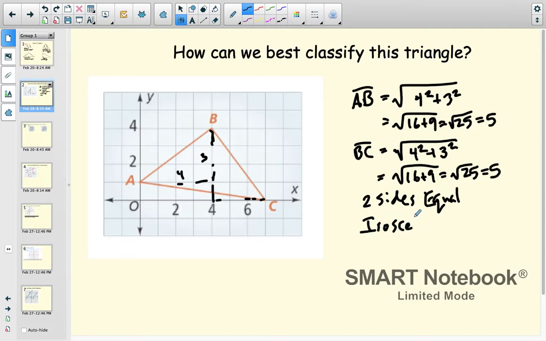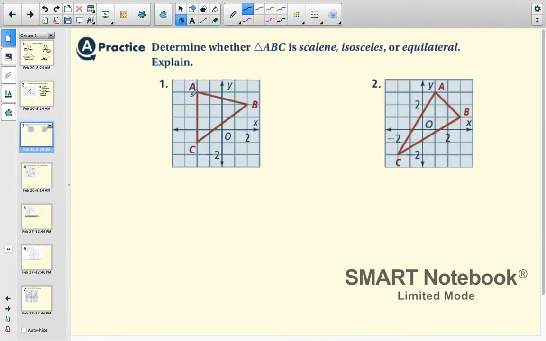So moving along, let's look at a couple other ones. If you look at this one, we have to figure out if it's scalene, isosceles, or equilateral, so we want to figure out the side lengths. AC is a straight line, so we just count down 1, 2, 3, 4.